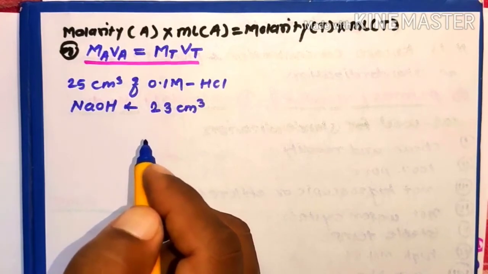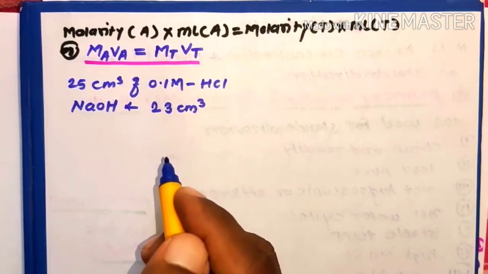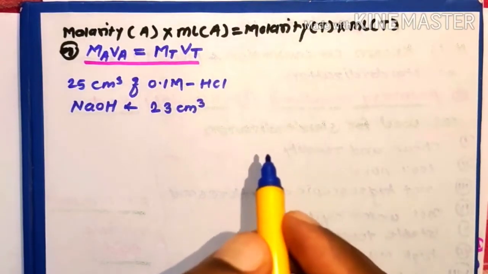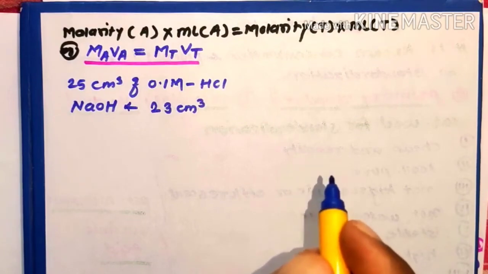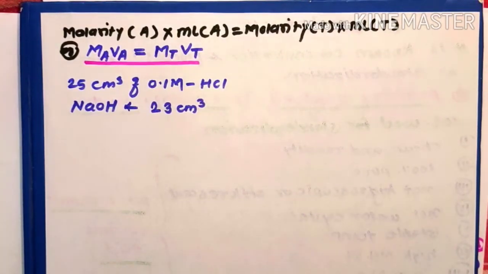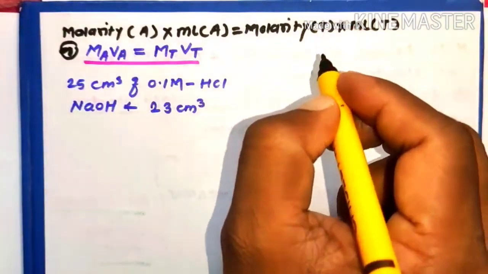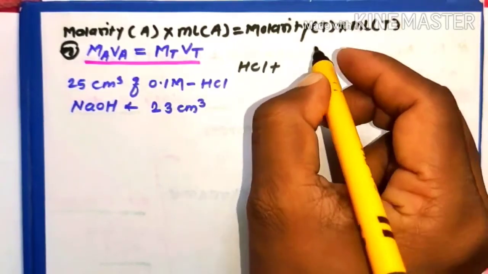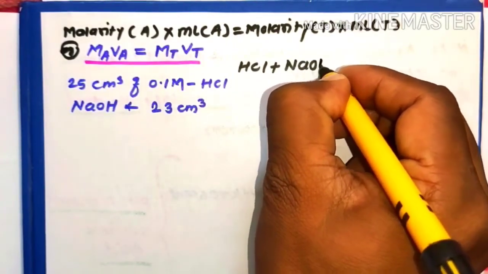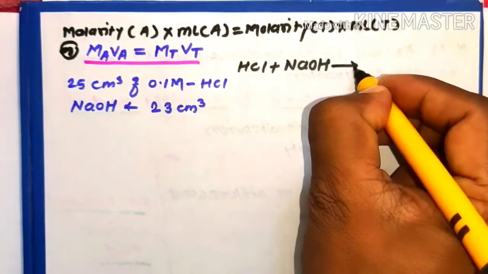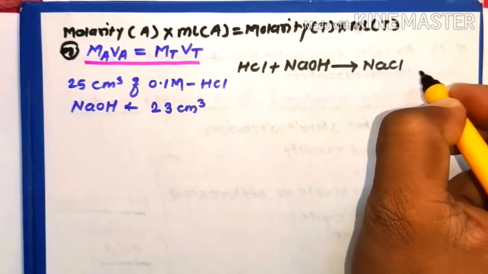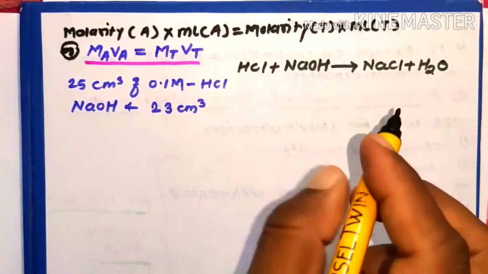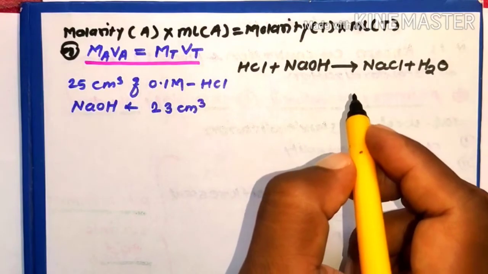Before calculation, we can write the reaction to find out whether it is a stoichiometric reaction or not. HCl reacts with NaOH to form the salt NaCl plus H2O. The moles of HCl is equal to the moles of NaOH.